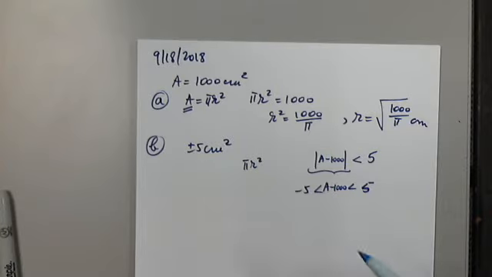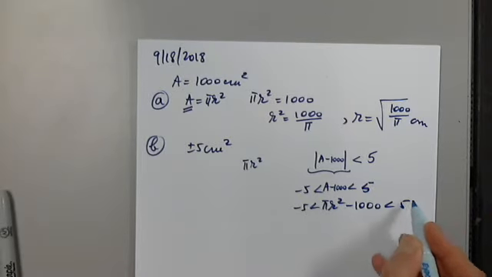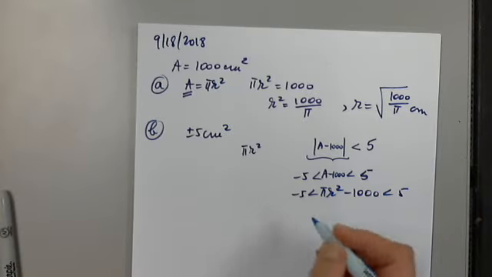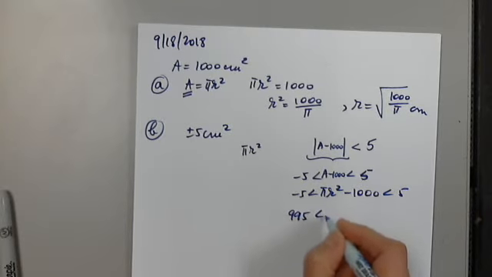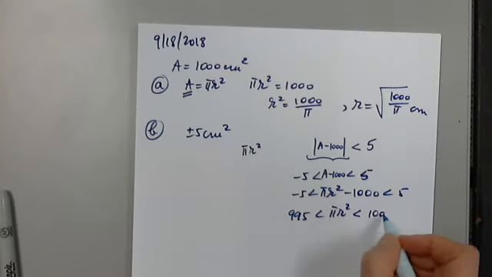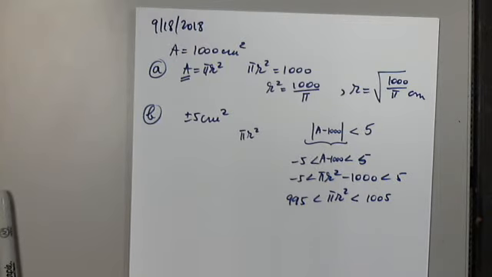Okay, so then from here I will replace A by pi r squared minus 1,000 is less than 5. And I will add 1,000. So I have 995 less than pi r squared and less than 1,005. I will divide both sides by pi.